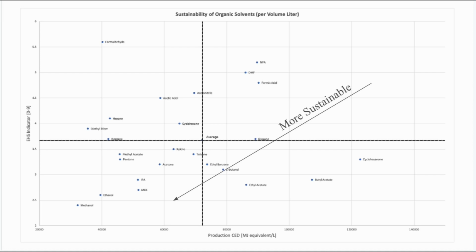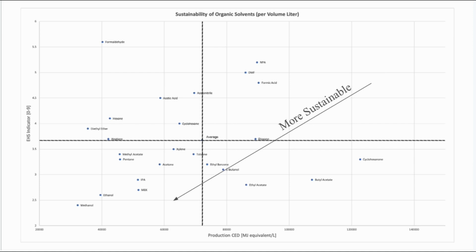On the vertical axis is the environmental, safety, and health indicator for organic chemicals. And on the horizontal axis is the LCA value for the energy consumed by a particular solvent throughout its life cycle. A key to help you interpret this chart is that sustainability increases as you approach the origin.